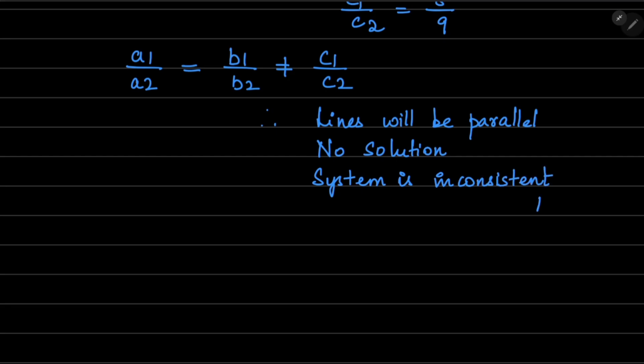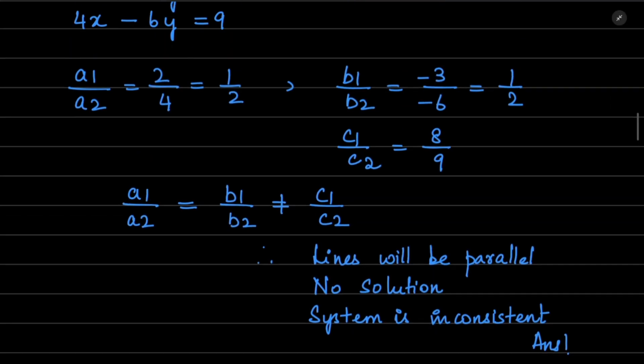So this is your final answer. Whenever the first two ratios are equal and that's not equal to the third one, there will not be any possible solutions. The lines are parallel to each other and the pair of linear equations will be inconsistent. Okay, so this is your second one.